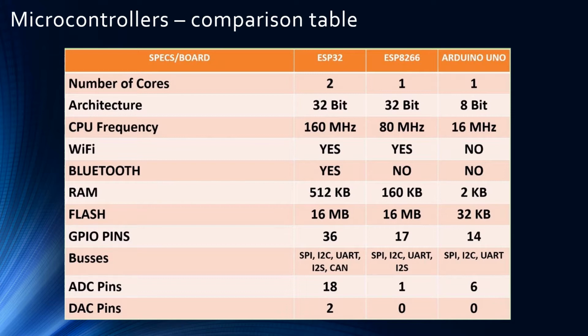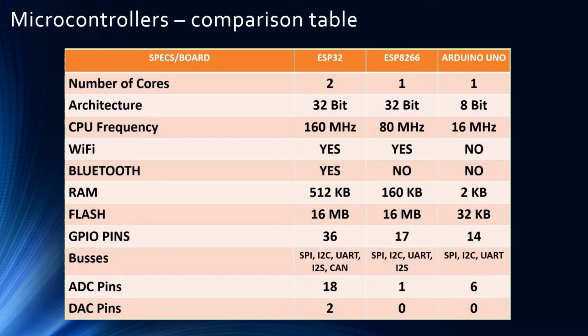So if your application doesn't require any connection to Wi-Fi or Bluetooth, Arduino Uno, Nano, Mega is fine. But when you need the application to be connected with the computer or with the smartphone, then you need the ESP32 or ESP8266. For instance, you want to turn on and off the lamp using your smartphone, then you need ESP32 or ESP8266.